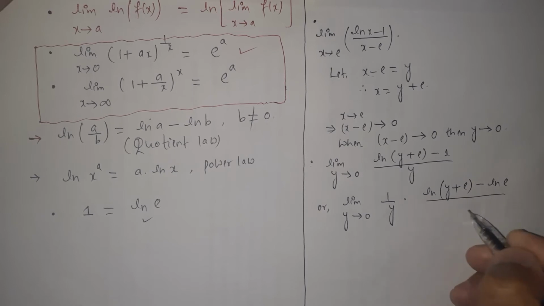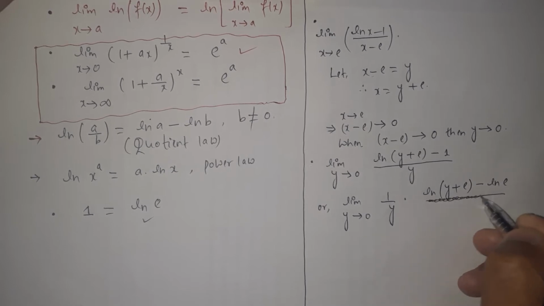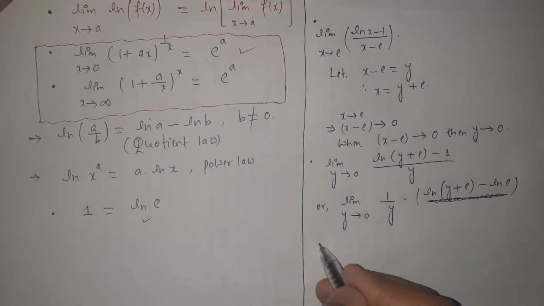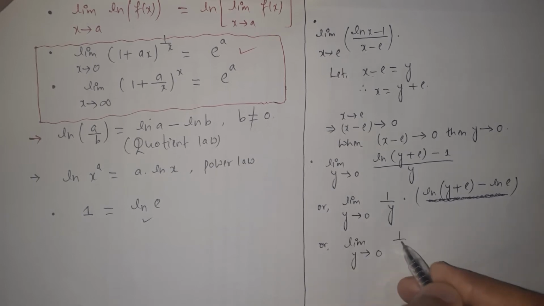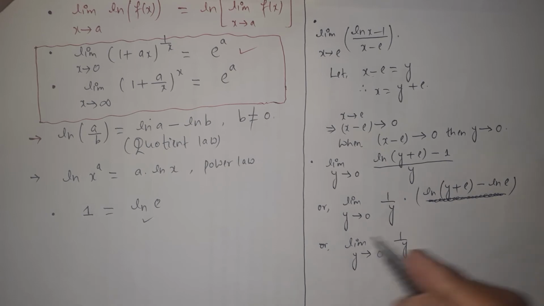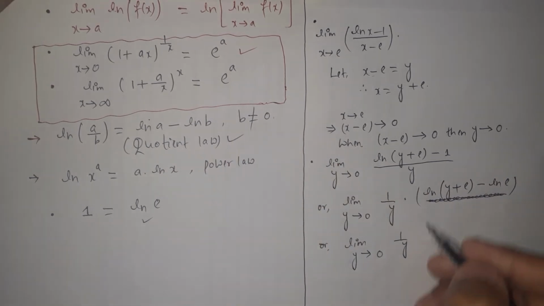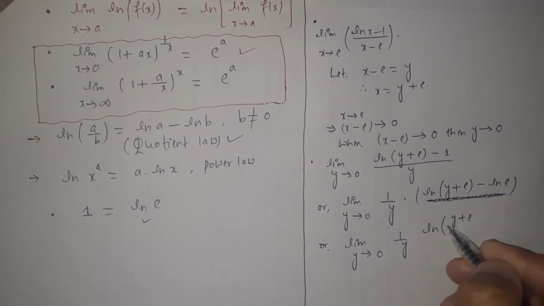The 1 over y goes in front of this expression, so this is the limit as y approaches 0 of 1 over y times, using the quotient law of the logarithm, ln of y plus e over e.